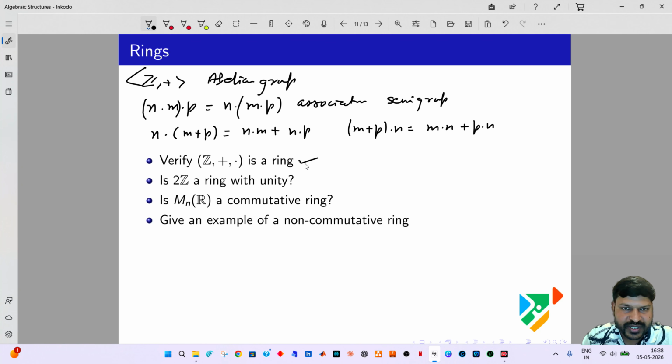Hence, the first one is a ring. It is to be noted that in general, a ring may or may not have a multiplicative identity. In this case, it has multiplicative identity, which is 1. In the second example, you see 2Z is also a ring, but it does not have multiplicative identity 1.